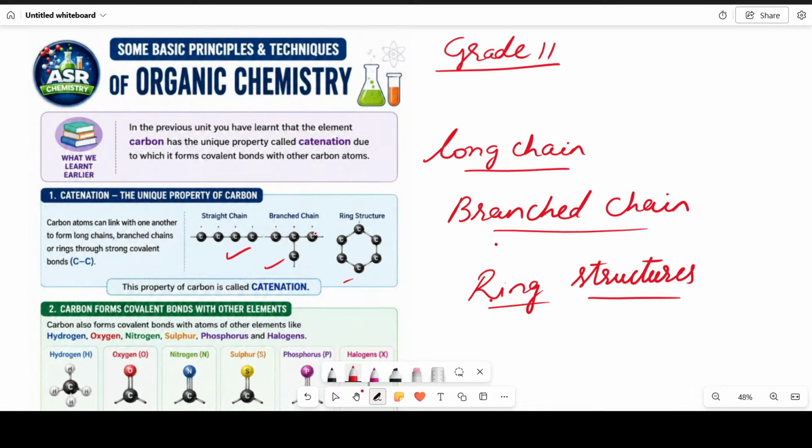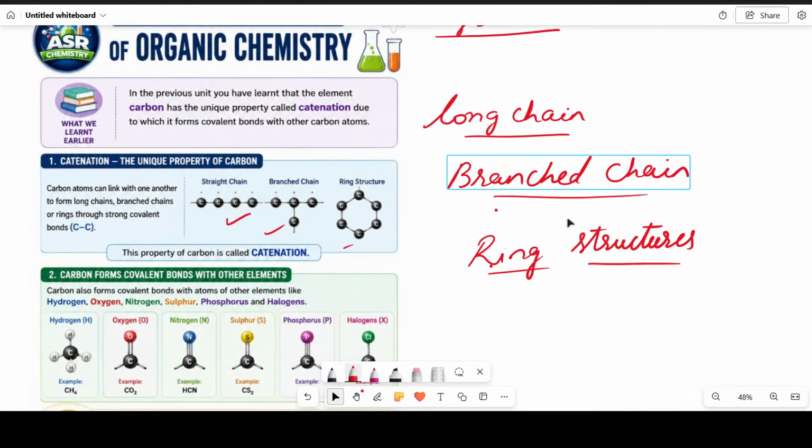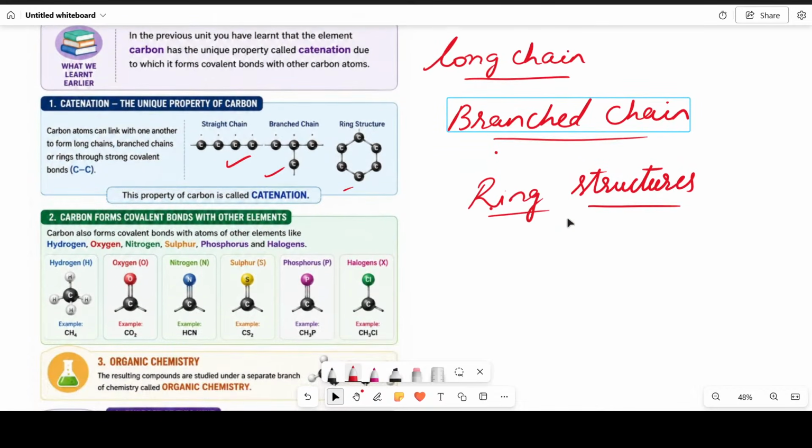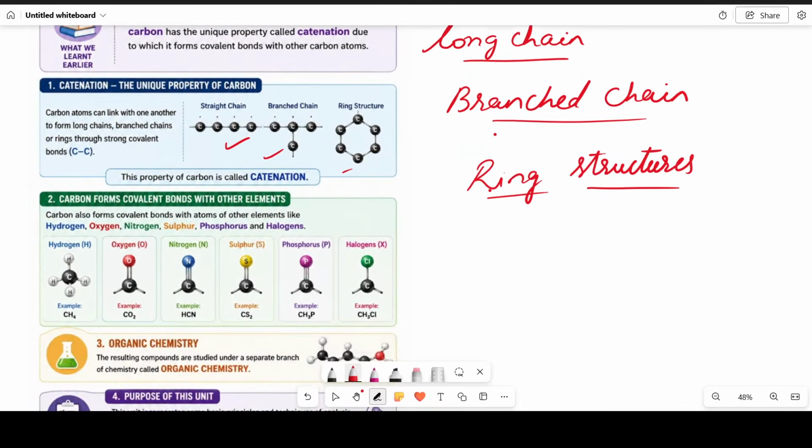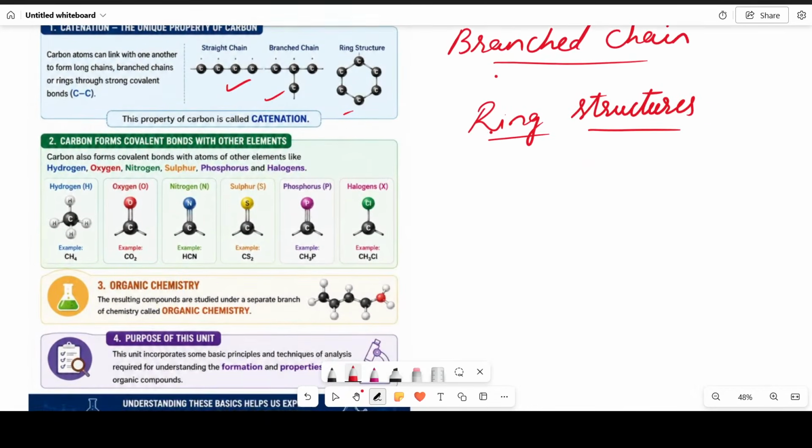Because of this catenation property, the atoms bind together with covalent bonds, and they form very strong covalent bonds between not just carbon atoms but also with other atoms like hydrogen, oxygen, nitrogen, sulfur, phosphorus, and halogens.